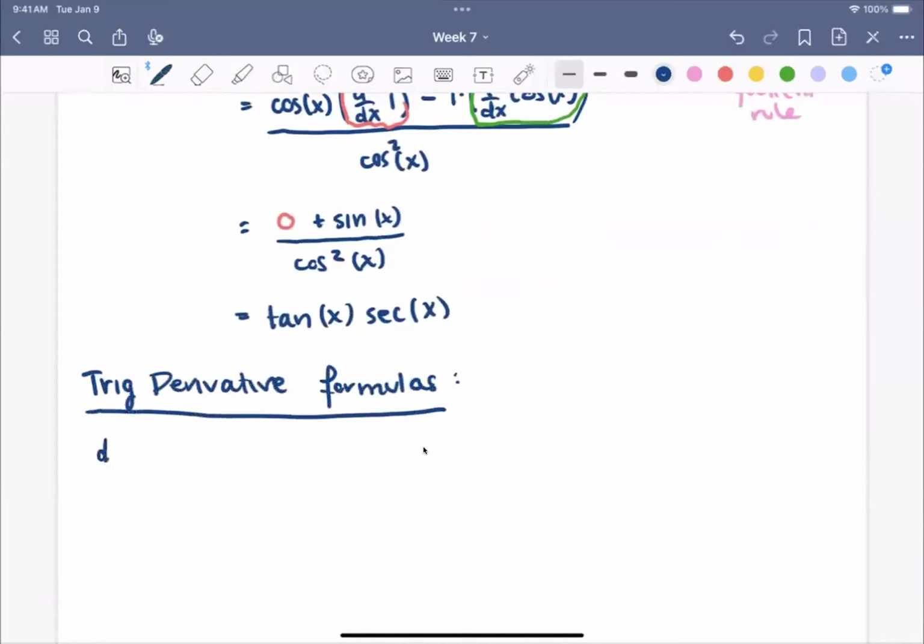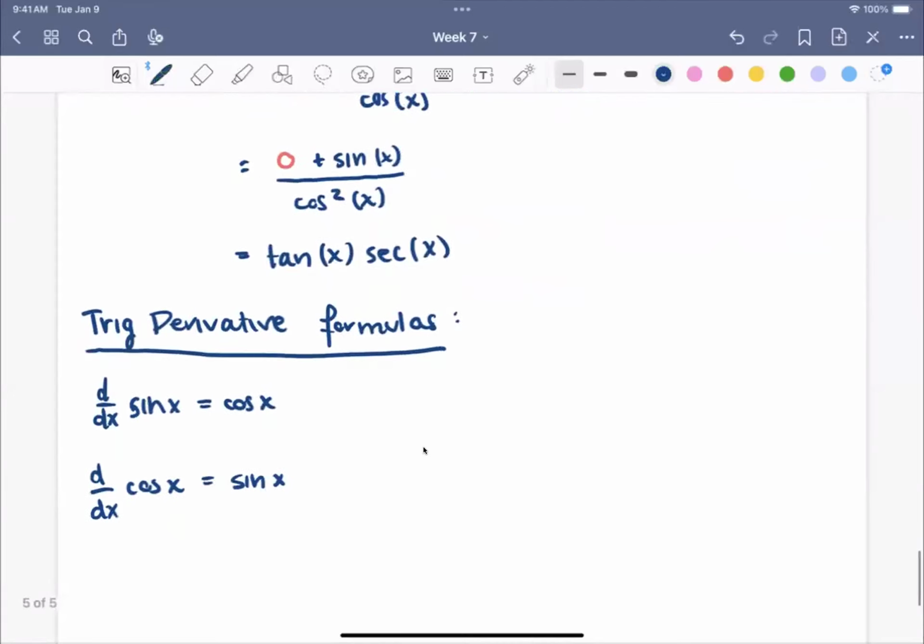We have d by dx of sine x is cosine x. d by dx of cosine x is minus sine x. d by dx of tan x is secant squared x. Writing these down almost feels like writing down a conjugation table in a language class. I think it's just because of the way that I laid this out.